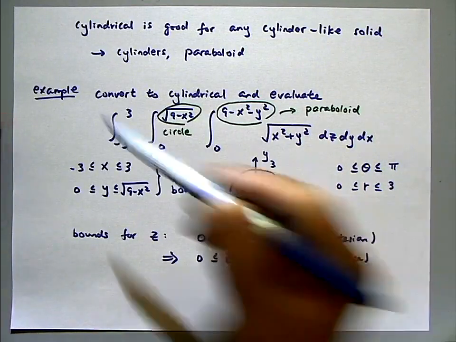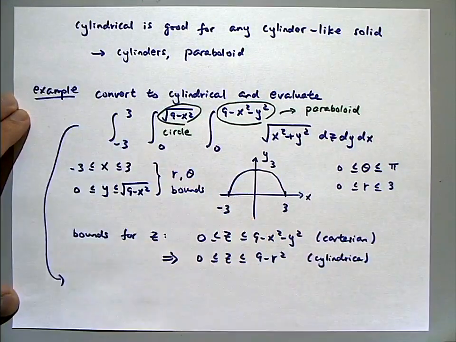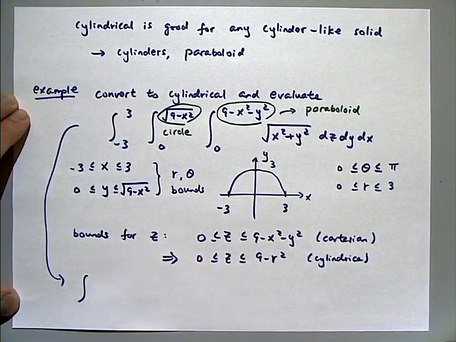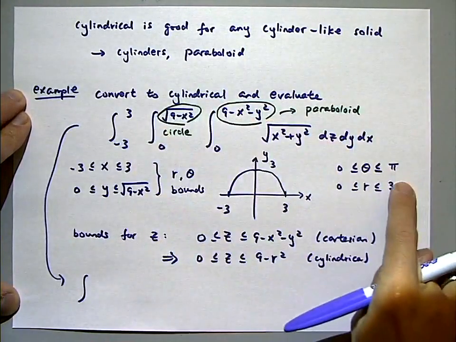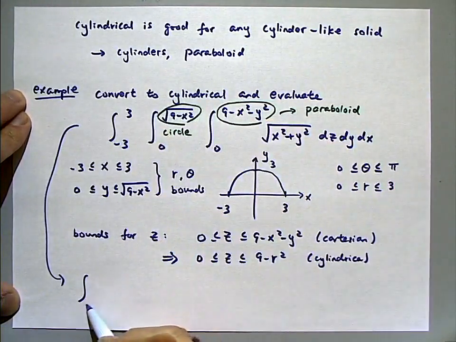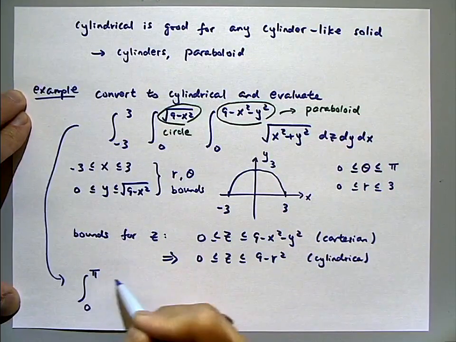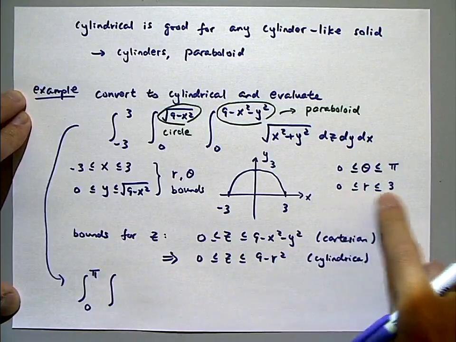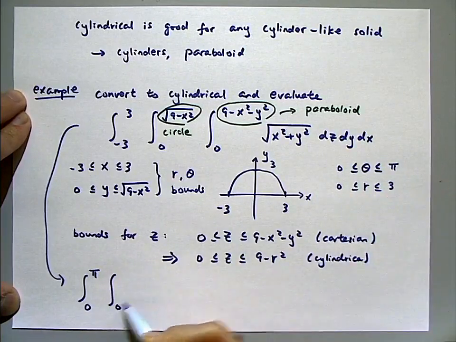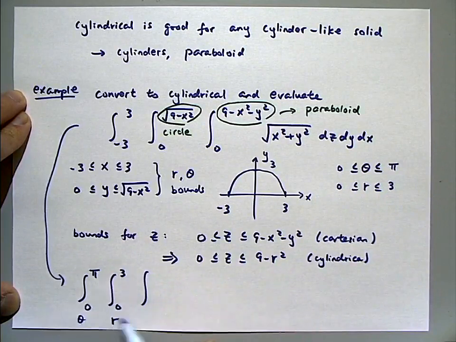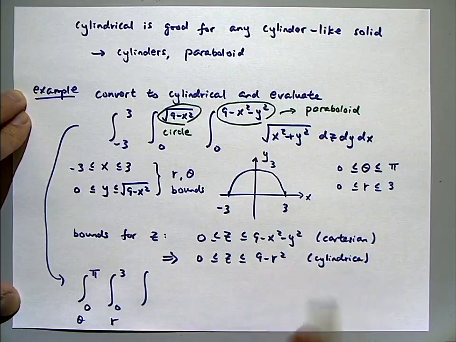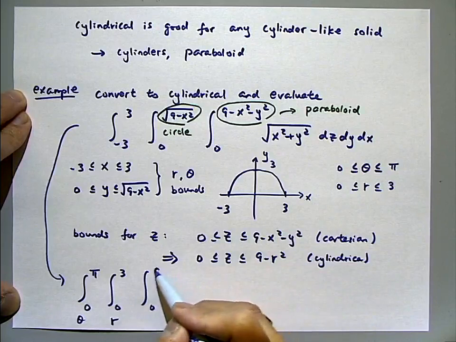So that difficult integral in Cartesian is going to turn into something pretty simple. It's going to go from 0 to pi for theta, and then 0 to 3 for r, and then 0 to 9 minus r squared for z.